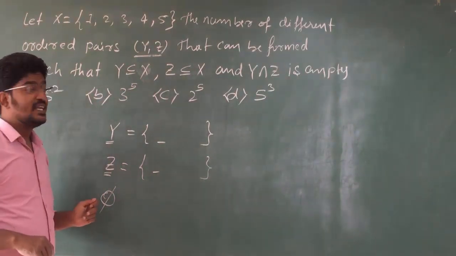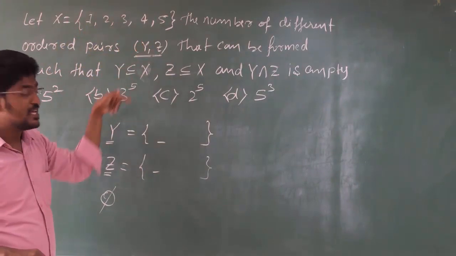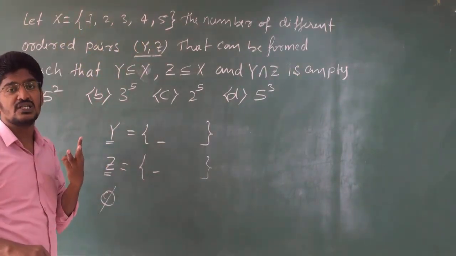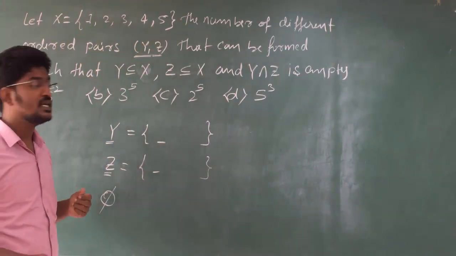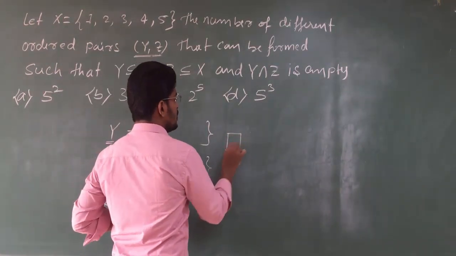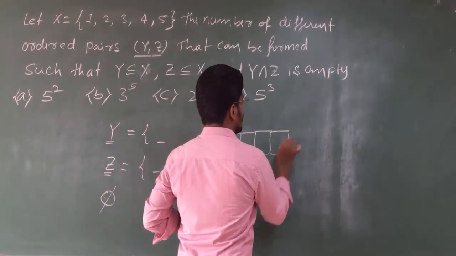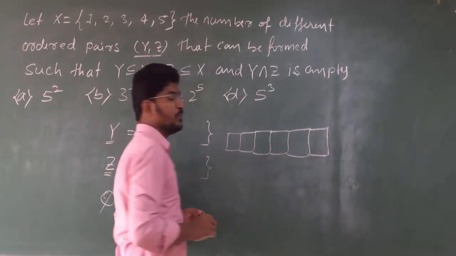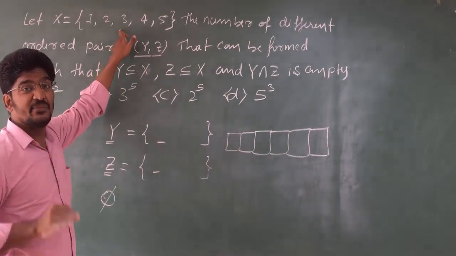So for that reason, how many choices do the elements of X have? Three choices. So take 5 boxes, 1, 2, 3, 4, 5, because here you have 5 elements.